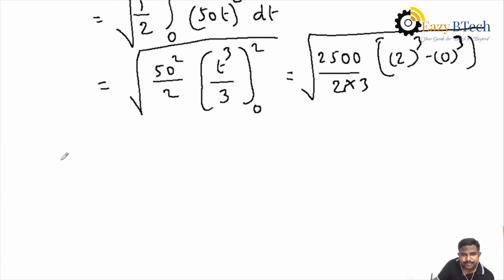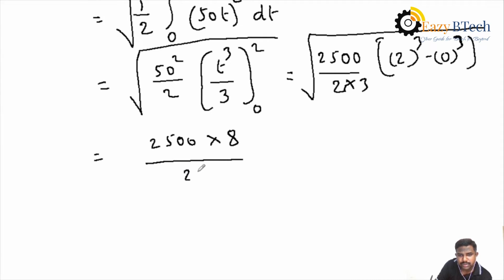That is, what is the value here? 2500 into 2 cube is 8 by 2 into 3, whole square root. Here 2 power 4.